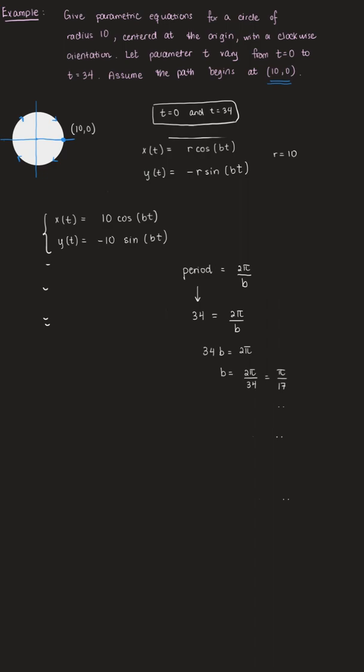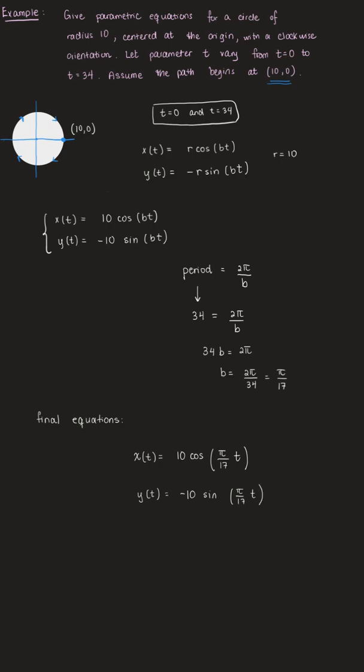Our final two parametric equations will be x of t equals 10 cosine of pi over 17 times t, and y of t is negative 10 sine of pi over 17t.